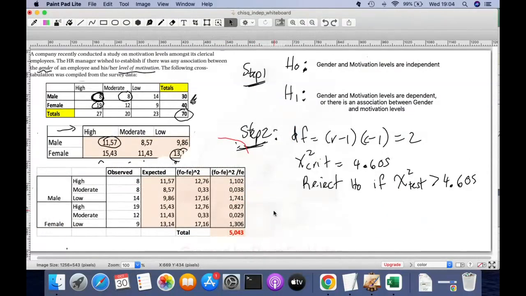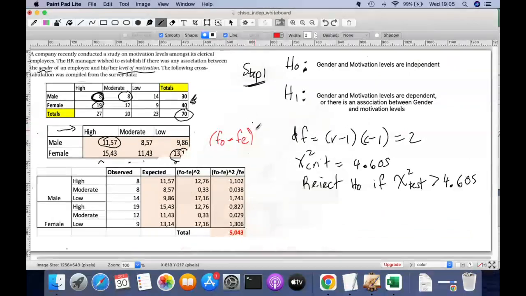I've just done it neater for you to see. So remember what I said, the last column in this table is F naught minus FE, all squared, divided by FE. That's what you have in each single row in this last column.